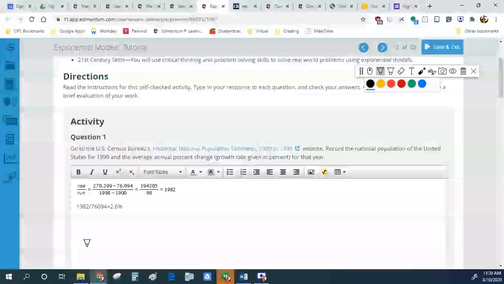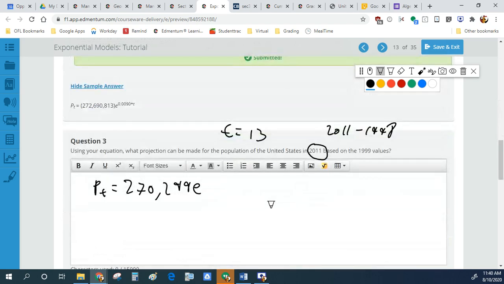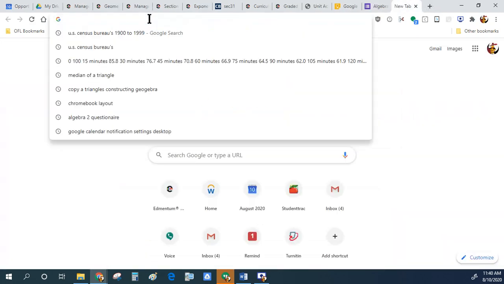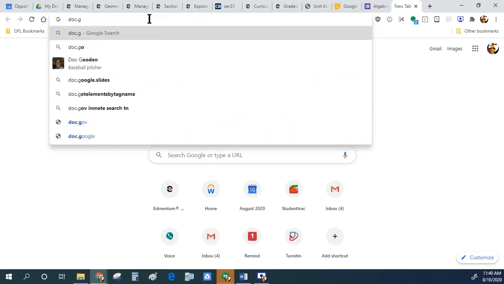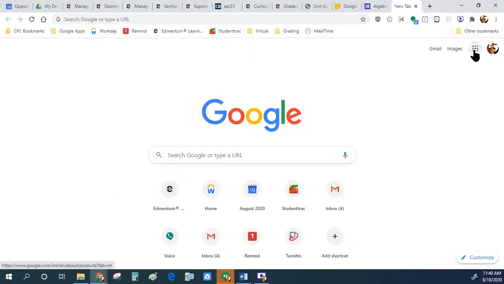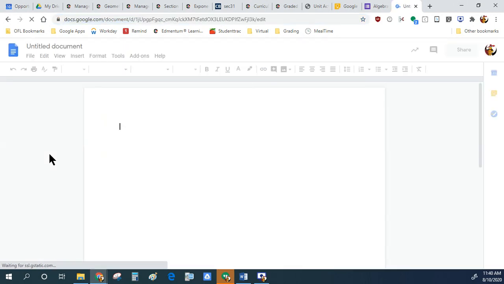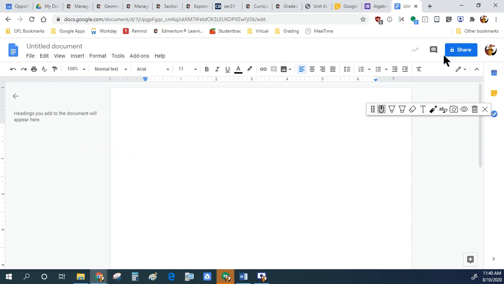If you don't want to show all your work like this, remember you can always create a Google Doc and just put the link in here. Do you guys know how to make a Google Doc and post the link in? No? Okay. To make sure any teacher can see it, not just me, click share.